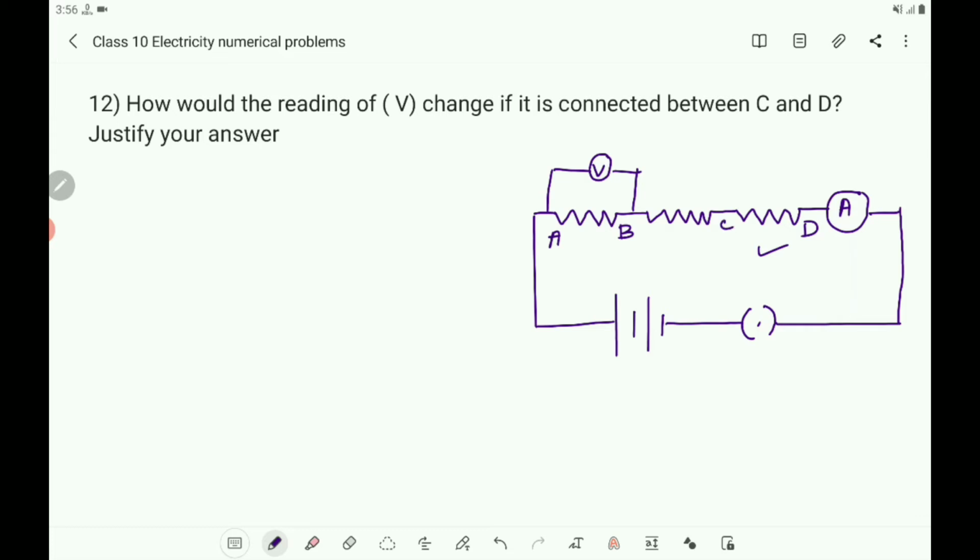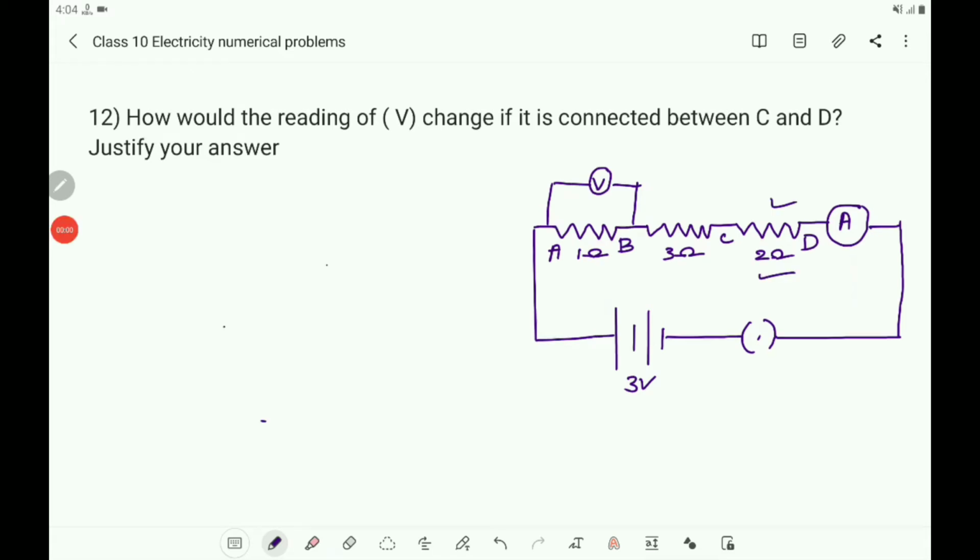Now it is given that the resistances are 1 ohm, 3 ohm and 2 ohm. Let us find the reading in the voltmeter when it is connected between A and B. Also it is given that the voltage is 3 V. In this circuit, 3 resistances of 1 ohm, 3 ohm and 2 ohm are connected in series, and the total voltage of the circuit is 3 volts.